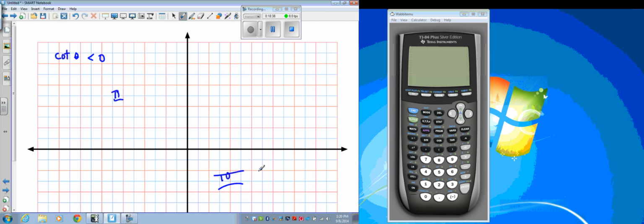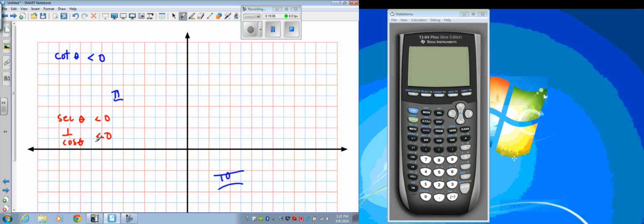Now, the next one says secant theta is negative. Now, I would go back because it's easier to identify the sine cosine. What's the reciprocal identity for secant? 1 over cosine.